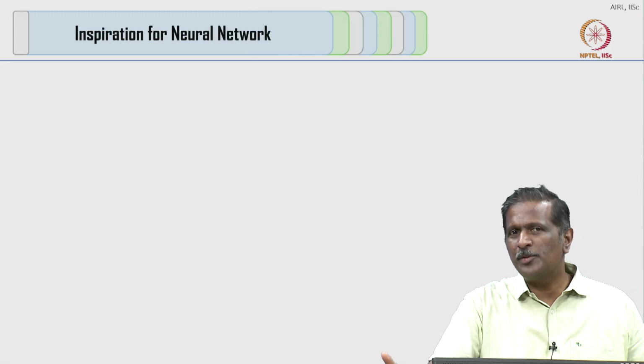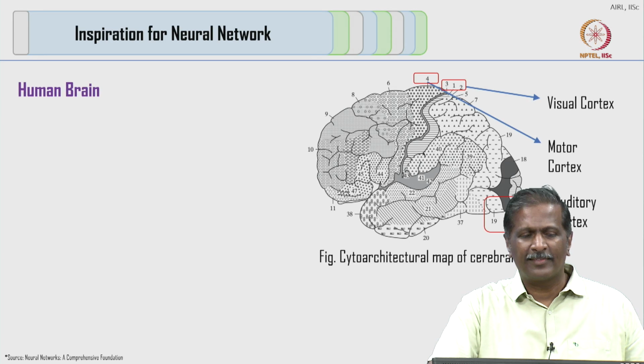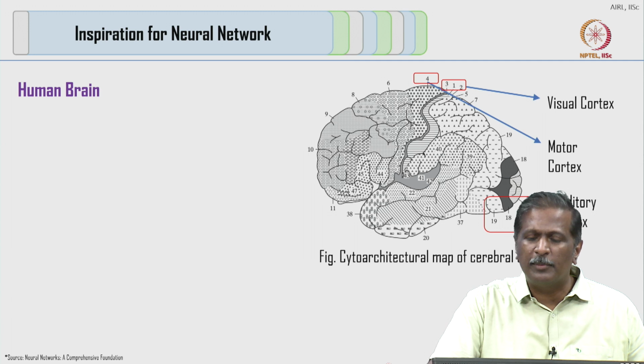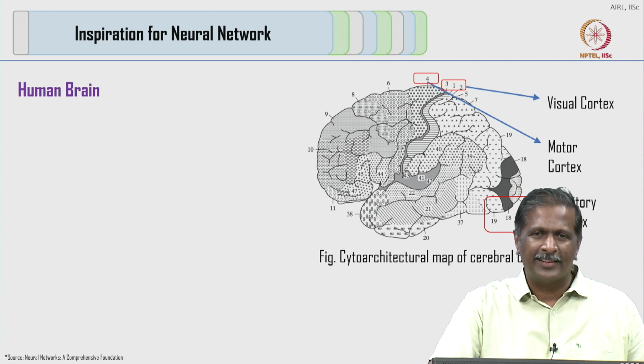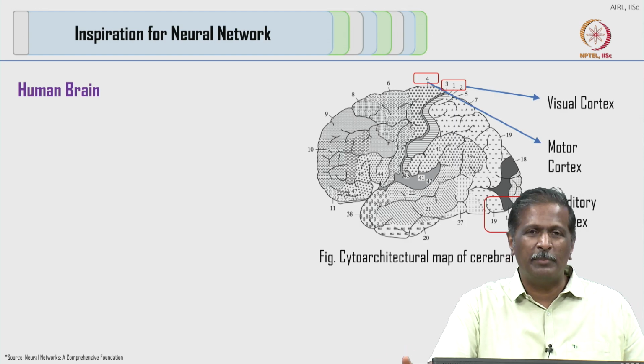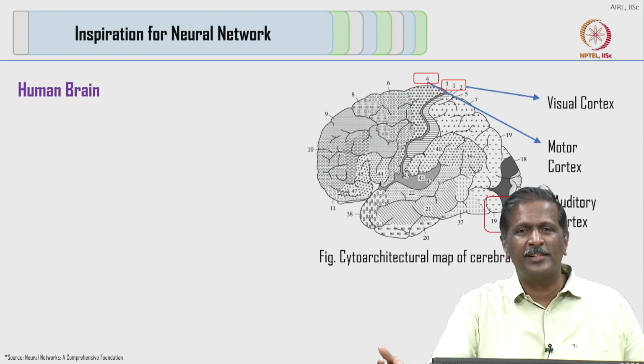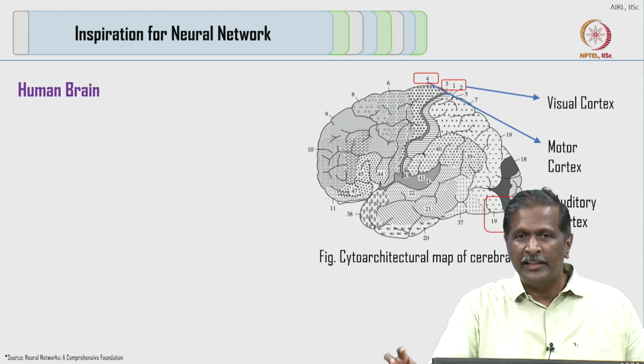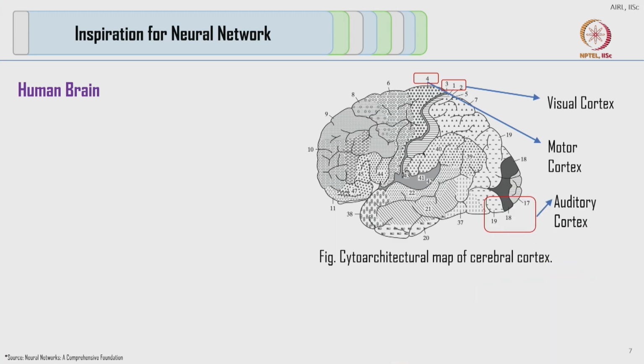Now, where does the inspiration for the network come from? Inspiration for the artificial neural network comes from the human brain. Our brain has lots of neurons. We are interested only in the grey matter. We are not interested in the white matter, right. Combined together, it plays a very important role. Different parts of the brain are responsible for different information processing and decision capabilities.